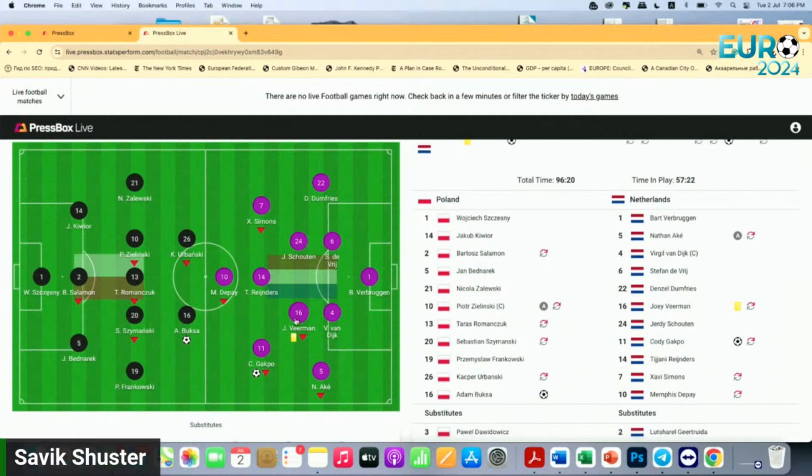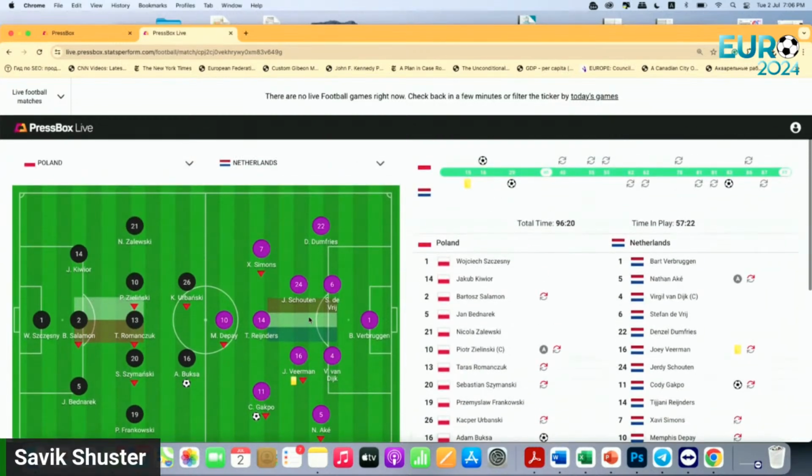Now, Wehrmann in general did not meet his expectations in this tournament. So anyway, we see that Holland was playing exactly the same tactical design.